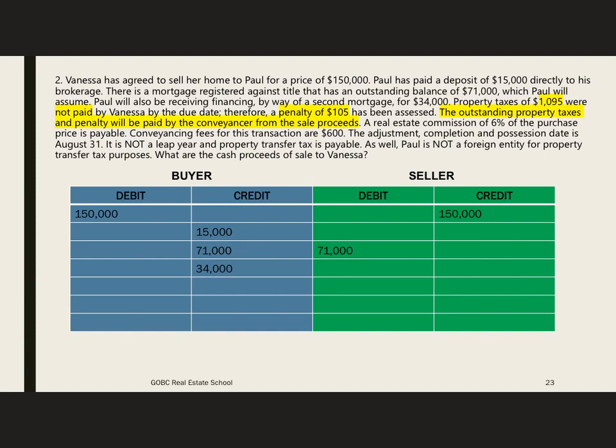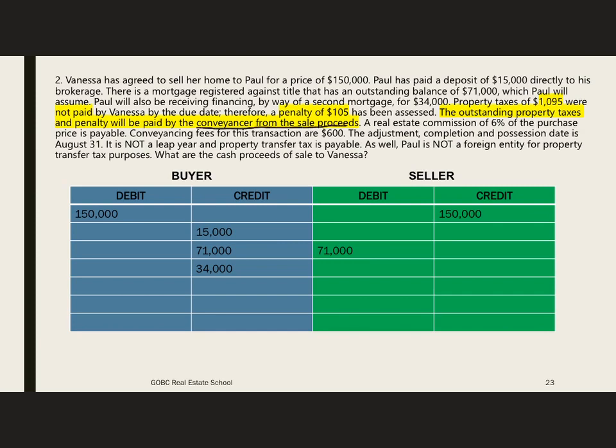taxes. It's giving a little tiny bit of info here. So it says that a property tax of $1,095 were not paid by Vanessa by the due date. So the seller didn't pay, and then there's a penalty of $105 that has been added on as well. And it says the outstanding property taxes and penalty will be paid by the conveyancer from the sale proceeds. So what does that mean?